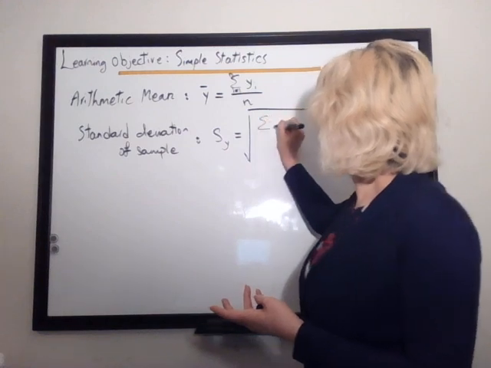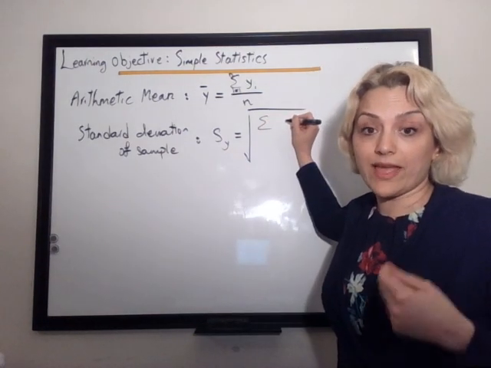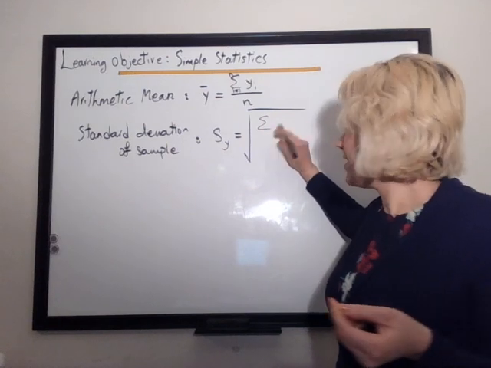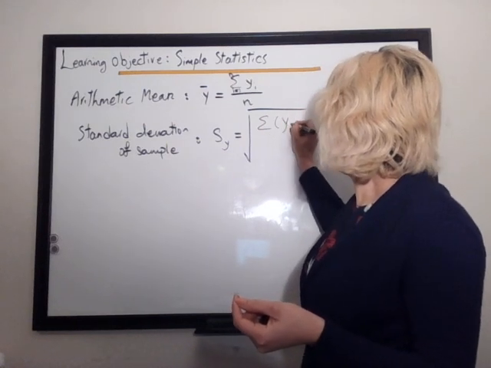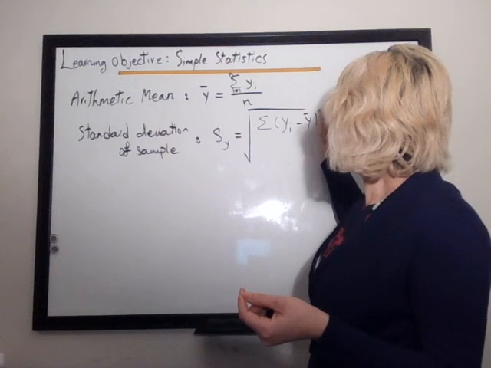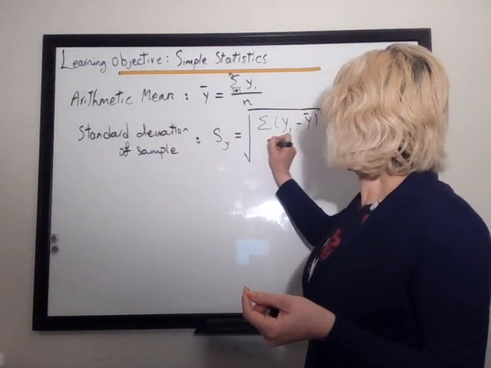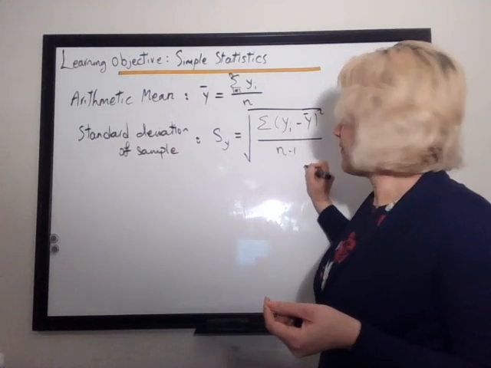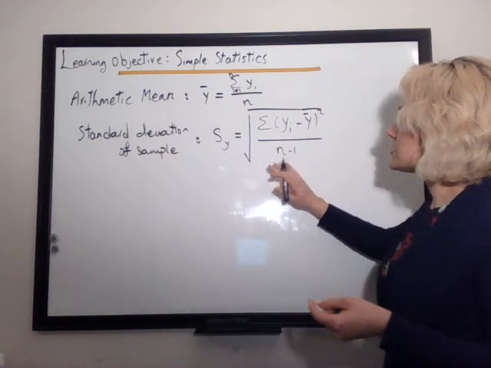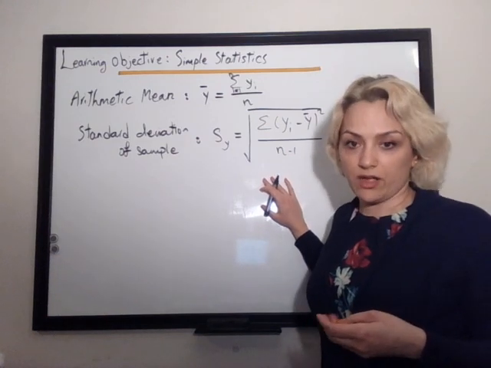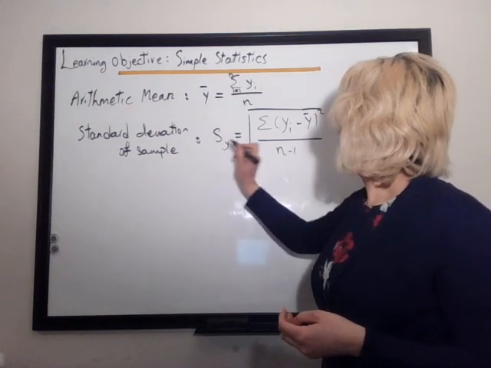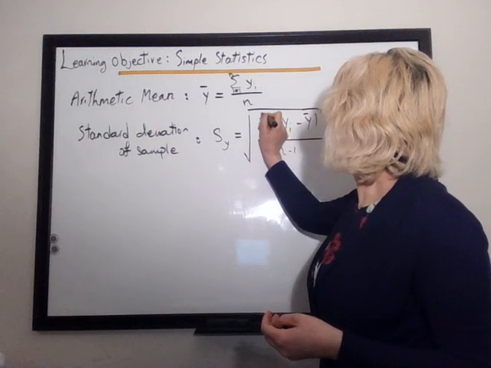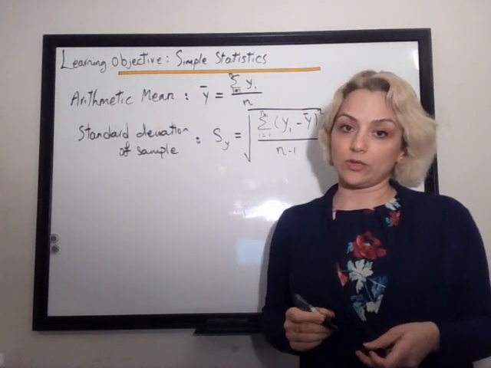Let's say we have n data points, so we need to add them up with a sigma. It's the sum of (yi minus y bar) squared, and in the denominator we have n-1. So this is the standard deviation of the sample. And here, i goes from 1 to n, because we have n data points.